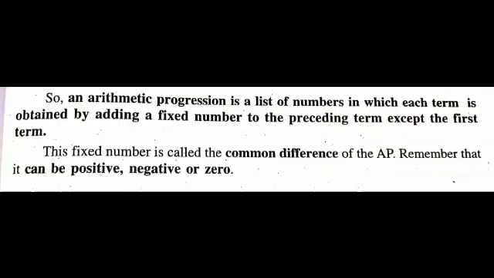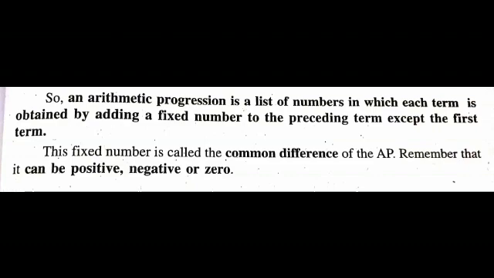In other words, an arithmetic progression is a list of numbers in which each term is obtained by adding a fixed number to the preceding term except the first term. This fixed number is called the common difference of the AP.